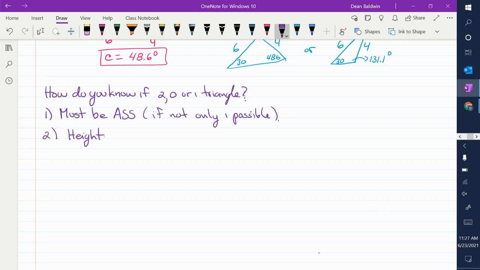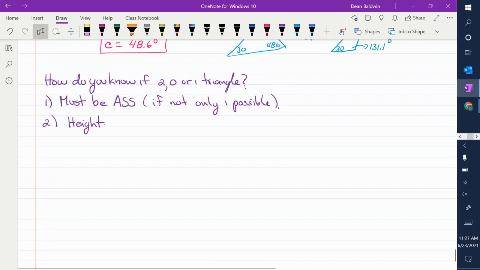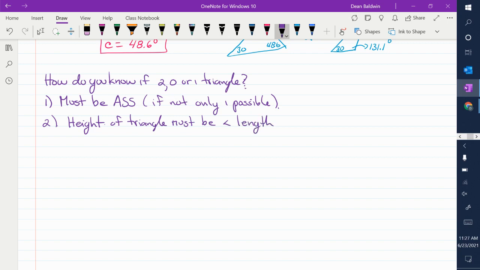Sorry? I won't mess it up. You might. But height of the triangle must be less than the length of side opposite known angle.